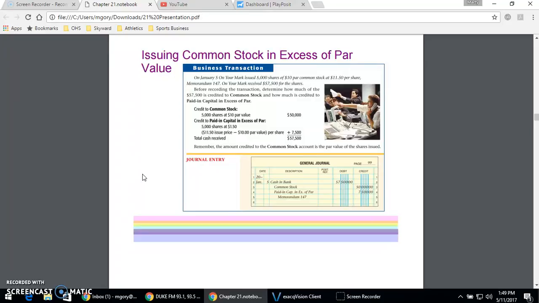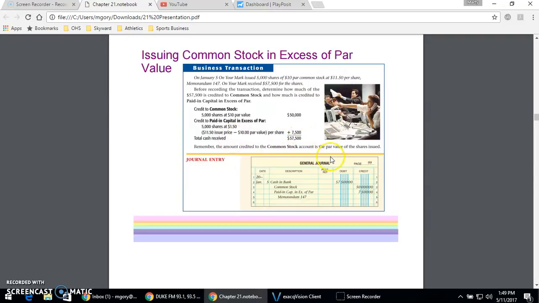So this is a compound transaction, first going to record the issuing and the collection of money for the stock that was sold at par value. And that is the $50,000 here, common stock. And then the amount of stock that was sold in excess of par. So that is going to be 5,000 shares at 1.50 per share.